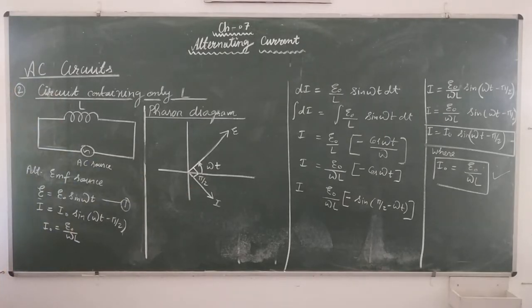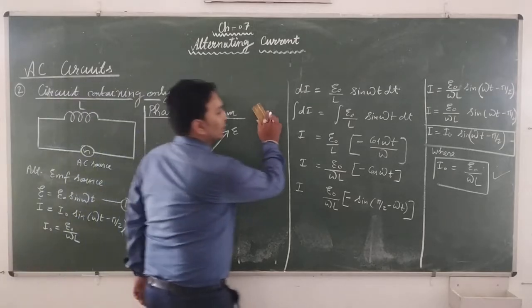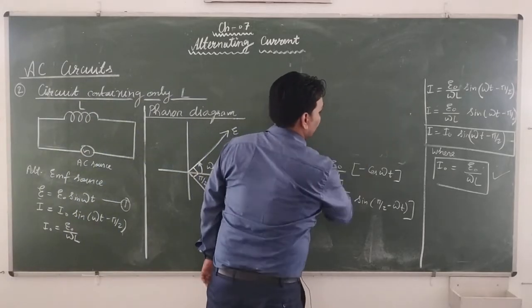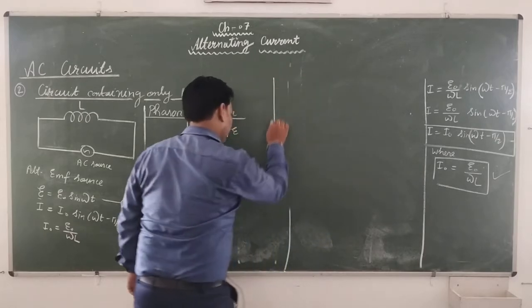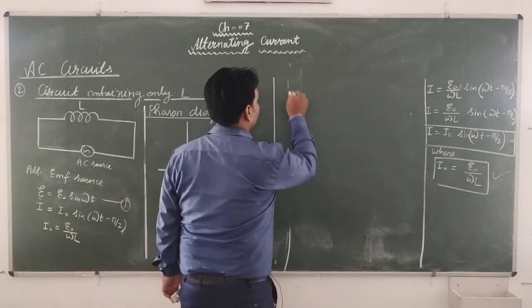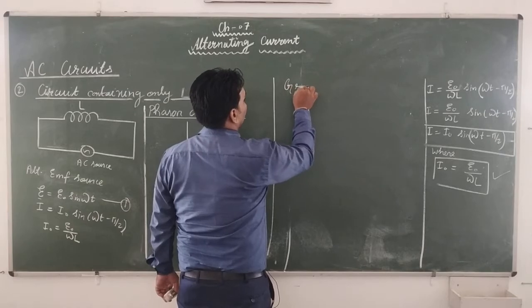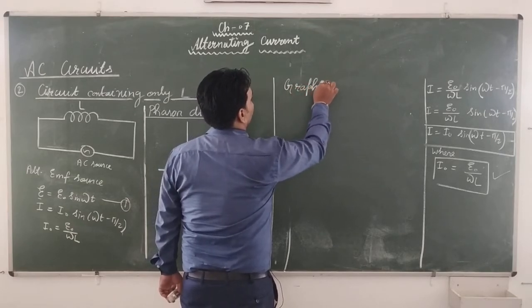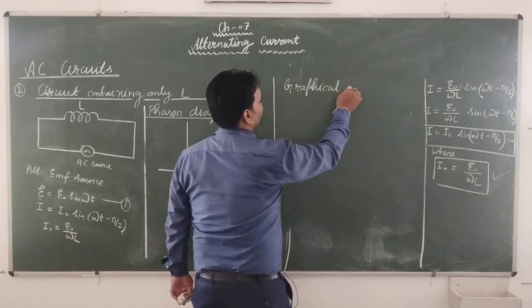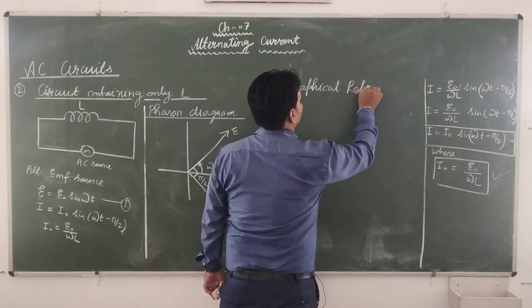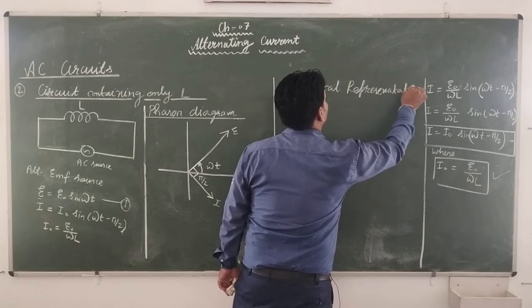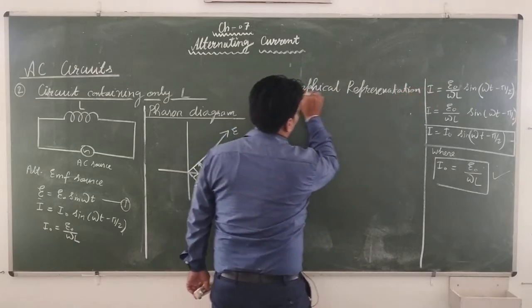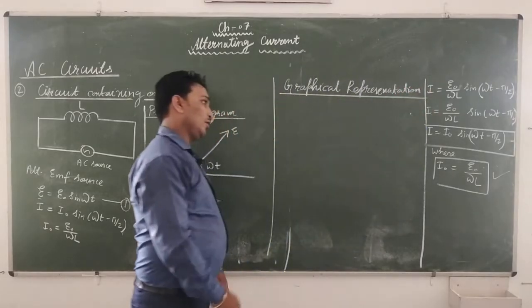Okay? How is the graphical representation done? From the graph, graphical representation. How is the graphical representation of both the things?